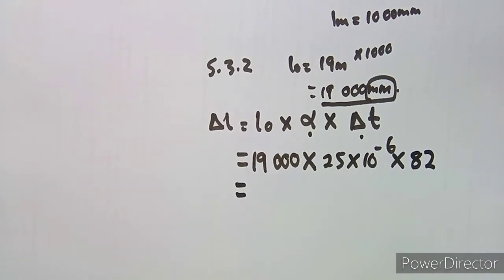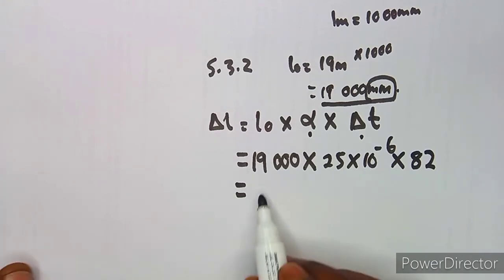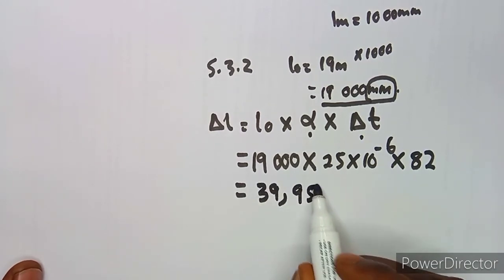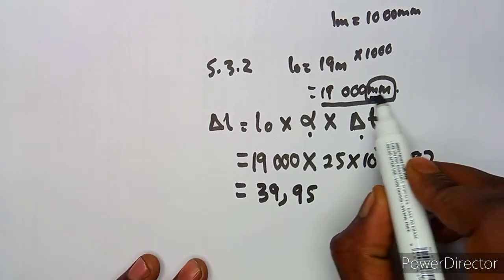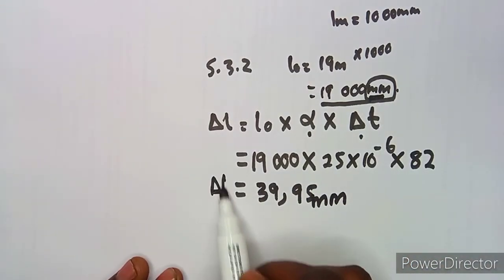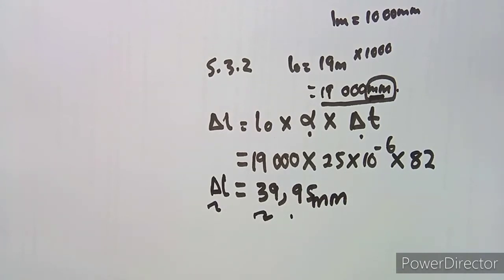So that's what you're going to have. If you multiply these, we are going to obtain something like 39.95, but already this is in millimeters. So that is the change in length of 39.9 millimeters.